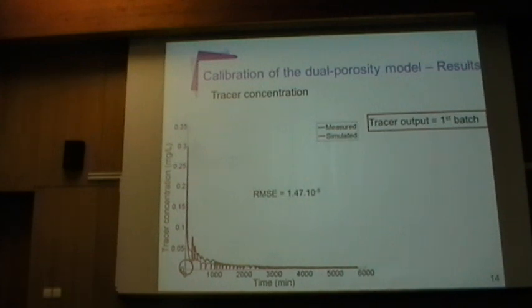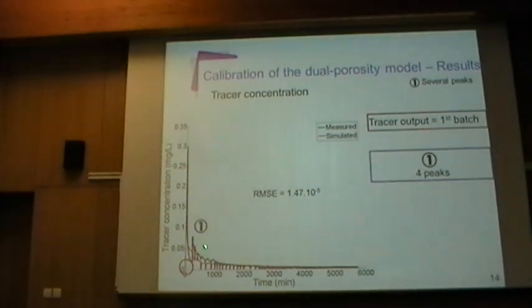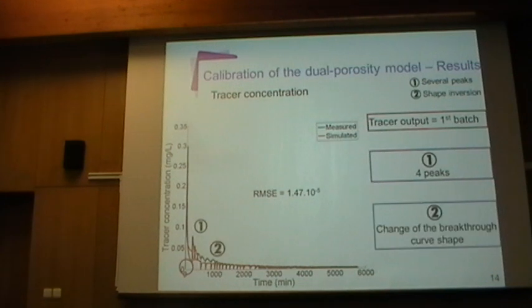We also see that the tracer leaves the system from the first batch, and we have the 4 peaks as in the experimental breakthrough curve, and we have also the change of the breakthrough curve shape after these first 4 peaks. This represents the fact that the tracer goes into the immobile zone, and then just after the batch, this tracer is released in the mobile zone.